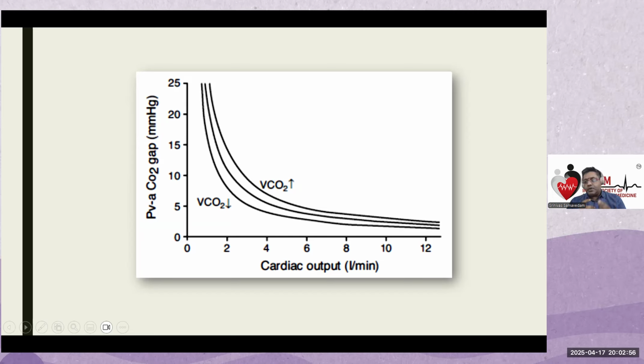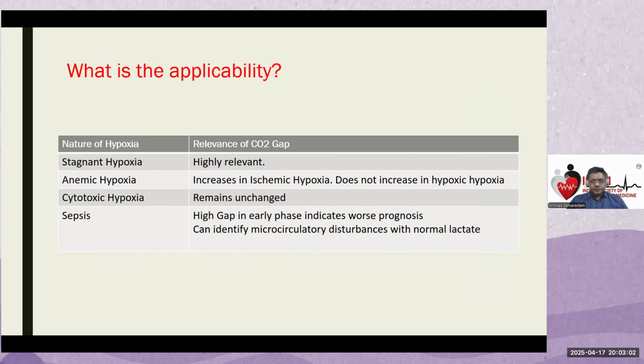So it can be used as a surrogate of cardiac dysfunction or cardiac origin of the shock. In stagnant hypoxia, as in a low cardiac output, the AVCO2 gap is highly relevant. In anemic hypoxia, maybe it is not as relevant. In cytotoxic hypoxia, it remains unchanged.